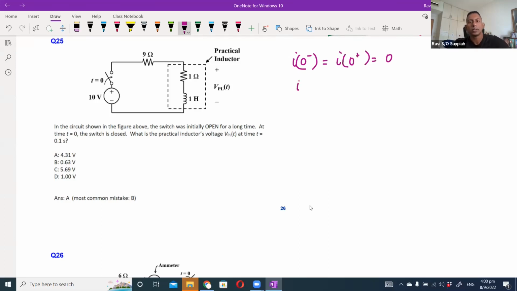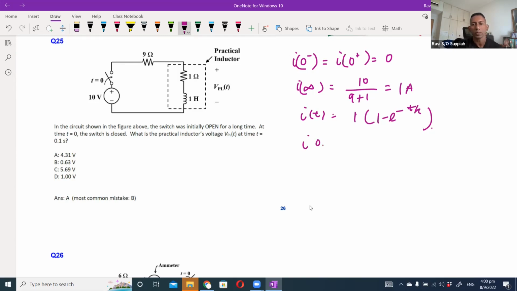When I close the switch, at infinity, once the inductor is at steady state, it is short circuit. So the current will be just 10 over 9 plus 1, which will be 1 ampere. So the expression for the current will be 1 minus e to the minus t by tau.